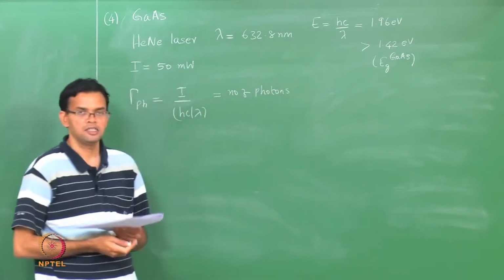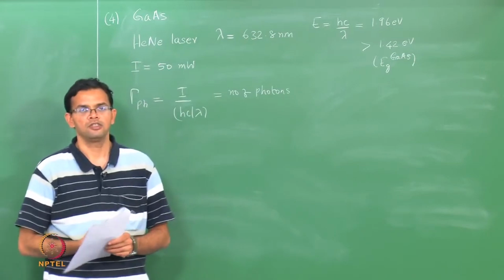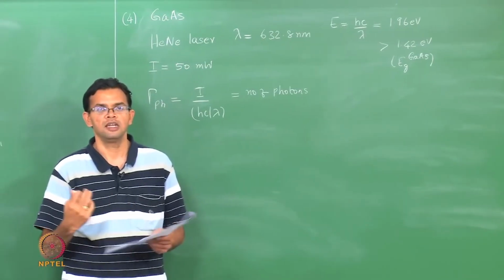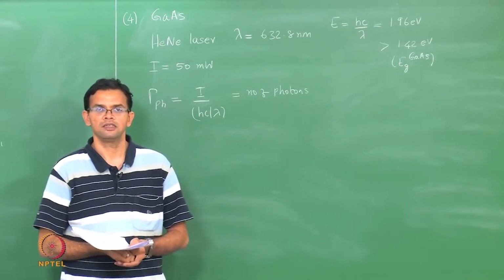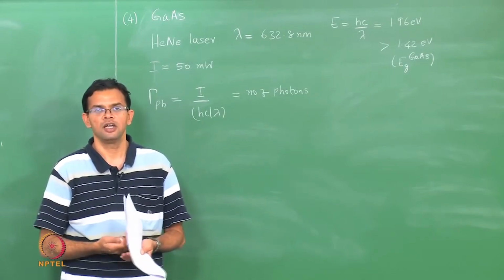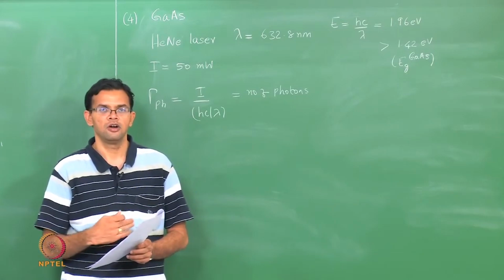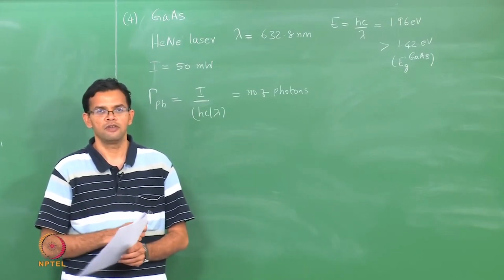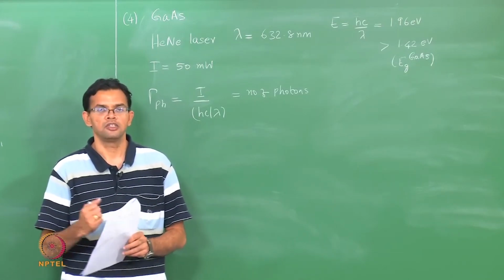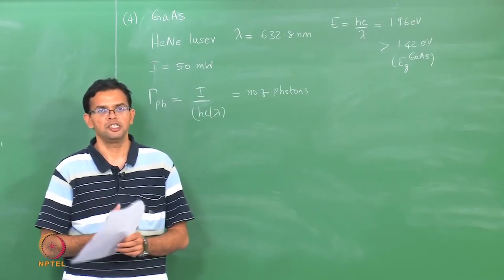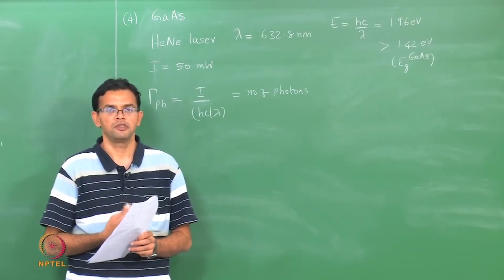So, excess energy, which the electrons and holes possess, is essentially lost to the lattice, and when the energy is lost, the electron comes close to the conduction band edge, or the hole goes close to the valence band edge.